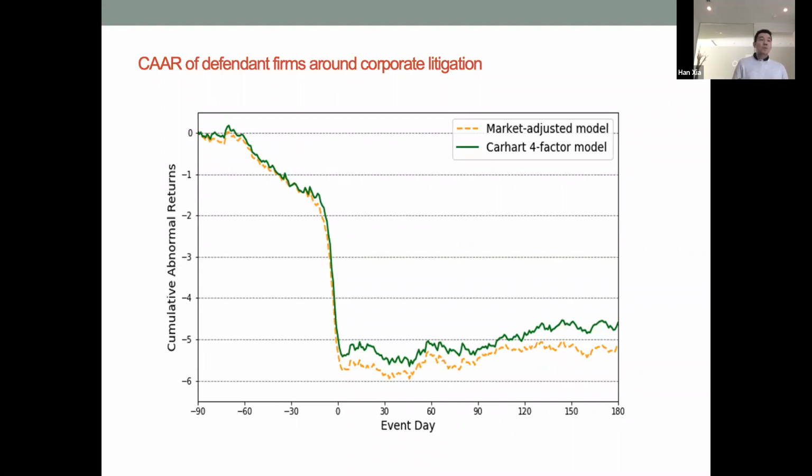We plot this from 90 days before to 180 days after, and we use 2 different models. Not surprisingly, we see that starting from a few days before the announcement, there is a large drop in the stock price. That drop leaves the stock price substantially lower, and it is persistent for at least the next 180 days.